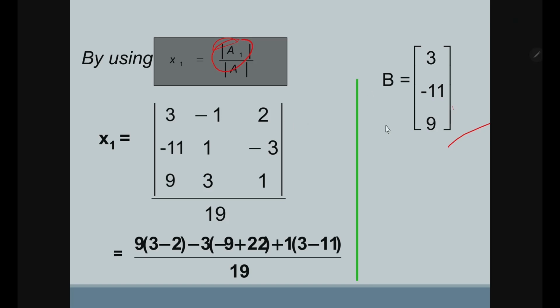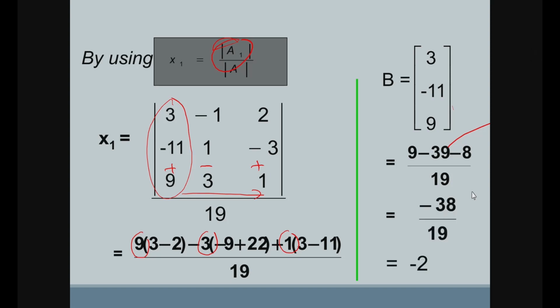Here we need to replace the first column with the entries of B. So this one, we use the third row as the entries to get the determinant. Plus, minus, plus. You can solve this one. You can get -2.